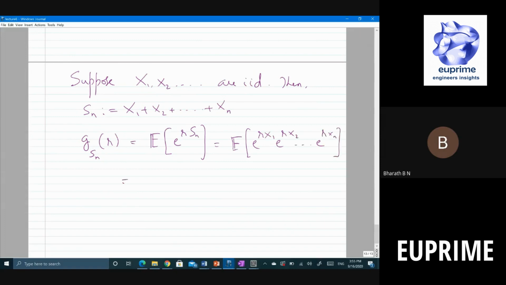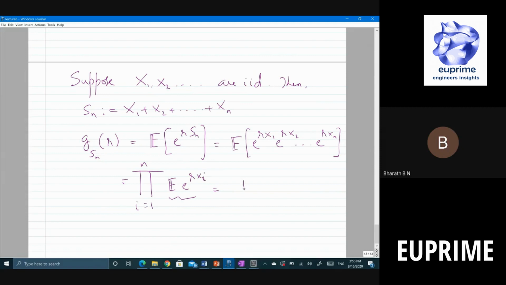So what is this? x1, x2 are independent. So what happens to e power r x1, e power r x2? If x1 and x2 are independent, any function of those two random variables will also be independent. So I can write this as product. But since it is independent and identically distributed, this value will be same irrespective of whether it is x1 or x2 or whatever, right?